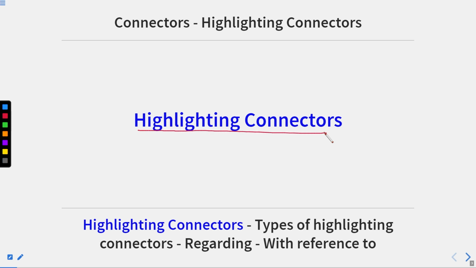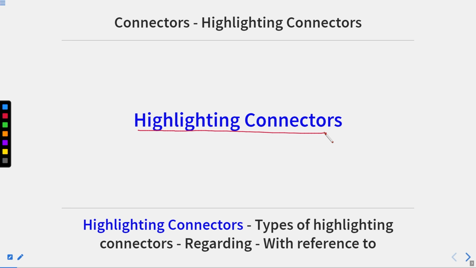Now, as you can see, the word highlighting. Highlight means when we want to specify something that we want to emphasize, that it is actually very important or crucial or the matter of discussion.